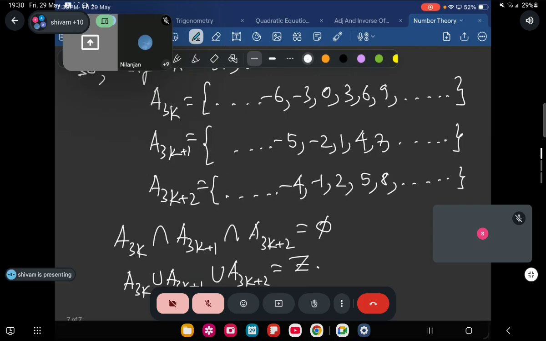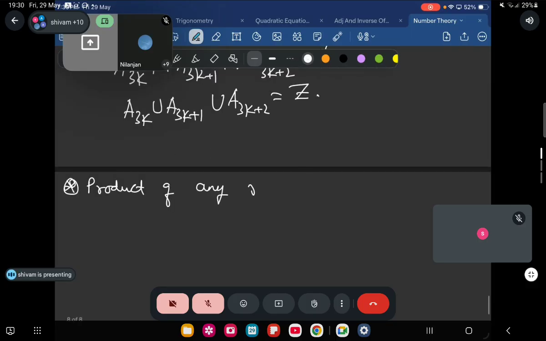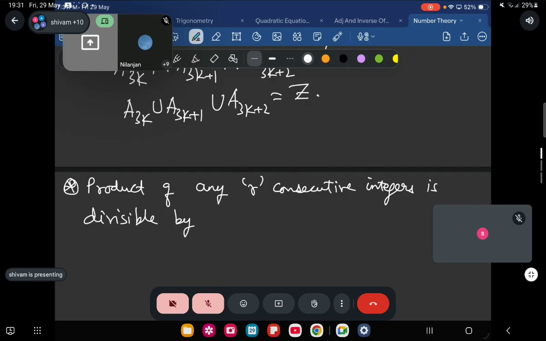Next, there is one theorem, everyone. The product of any r consecutive integers is divisible by r factorial.